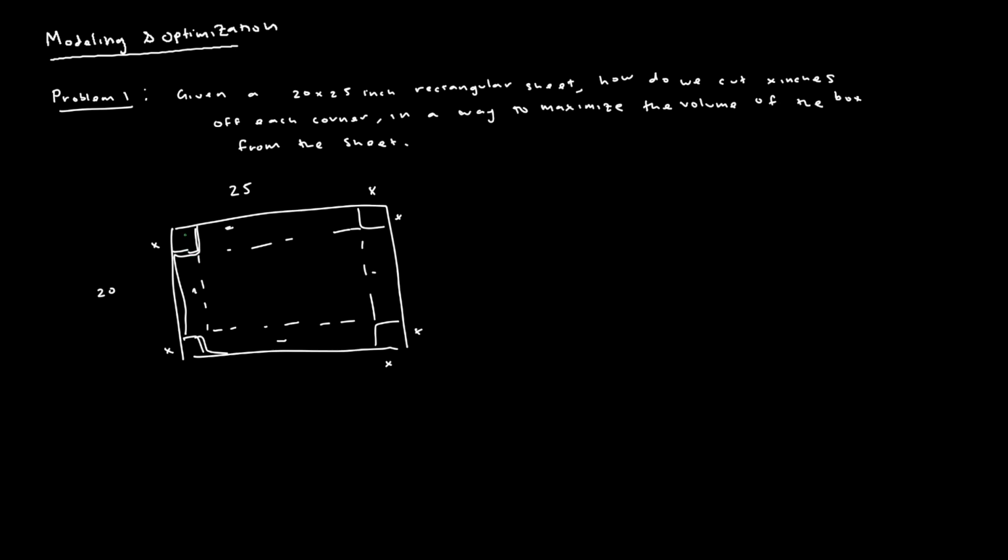The first thing we're going to do is represent the volume once we cut off x inches. We know the volume of a rectangular prism is just the width times height times the base. Here the base is going to be 20 minus 2x, because we're cutting off an x over here and an x over here.